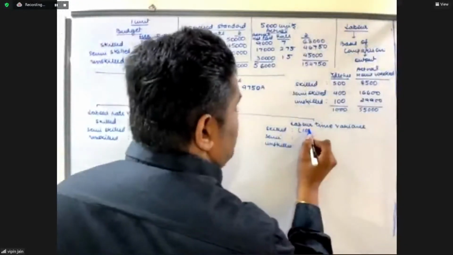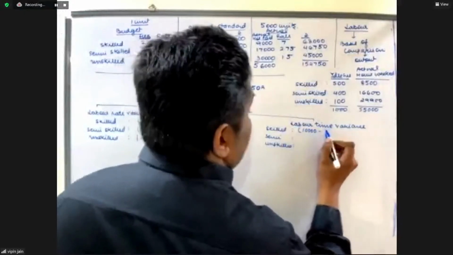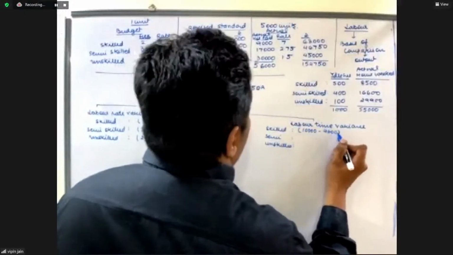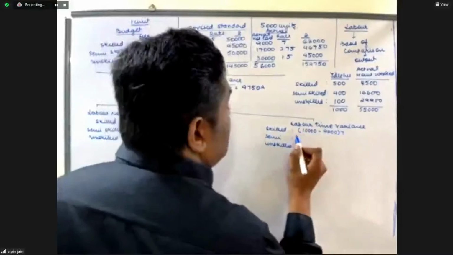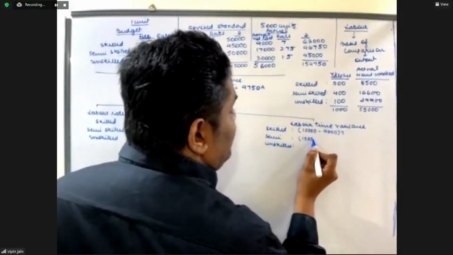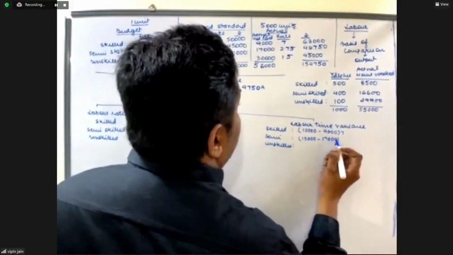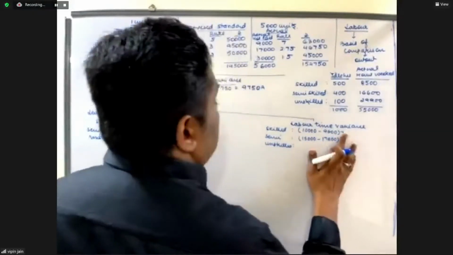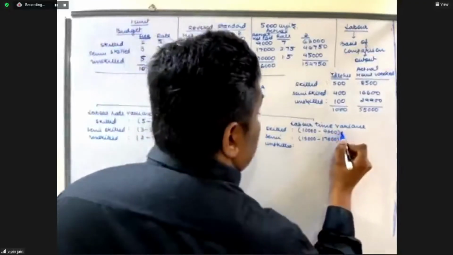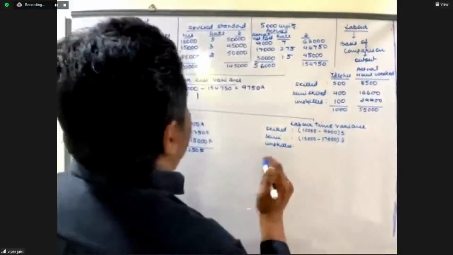That is, the work was supposed to be completed in 10,000 hours, but they took 9,000 hours only, into 7. 15,000 hours minus 17,000 hours into 3.